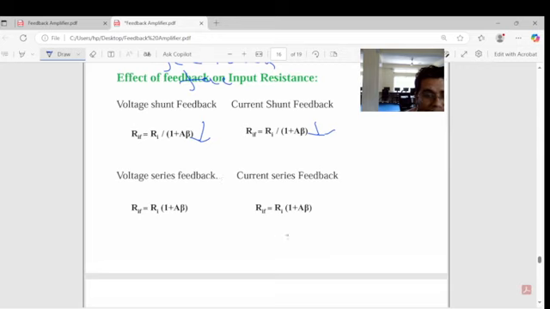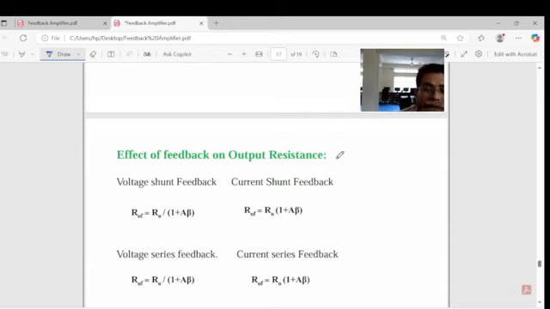In voltage series, input impedance is increased. In current series, impedance is increased. Means, if we take series, then input impedance will increase. In shunt, input impedance will decrease.